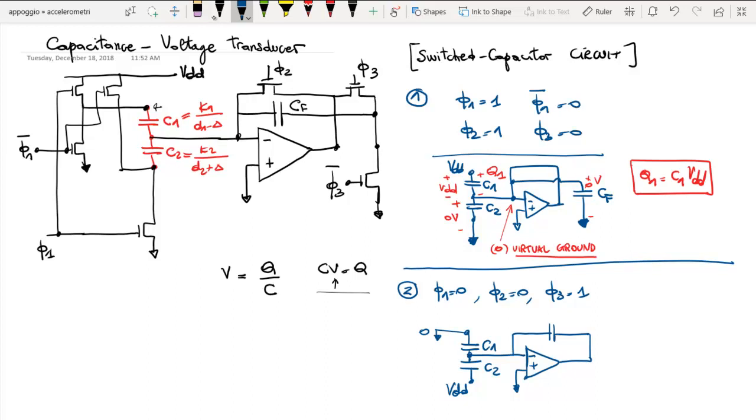So we are in this situation, from the output to ground.